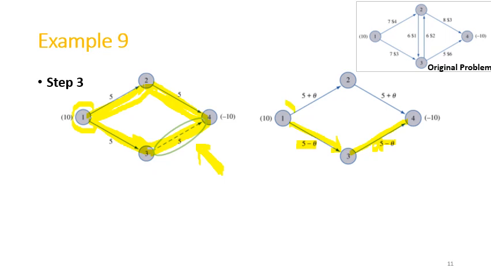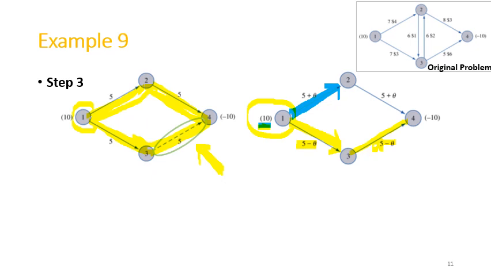Because the net supply of 1 is still the same, 10, if we reduce the flow that is going from 1 to 3, it means that the flow from 1 to 2 must be increased, right? Because the net supply is still 10. If you reduce 1 to 3, it means that here you must be increasing the amount of this flow.